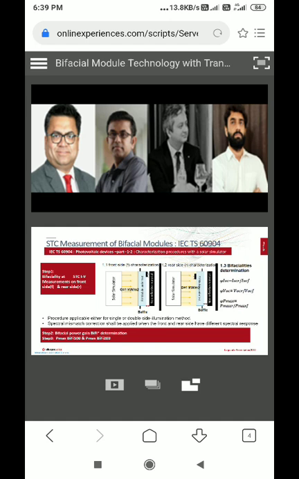However, there are new laminators being made which can laminate the module from the top as well as from the rear side, and we are going to talk about those maybe in later days once this IEC standard is in place.